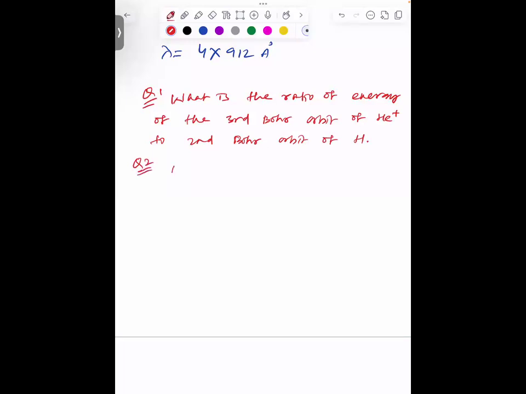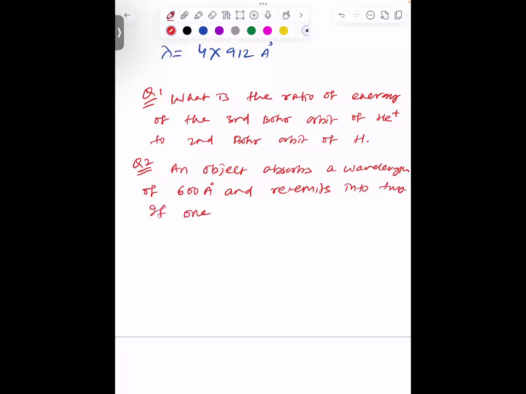Next, an object absorbs a wavelength of 600 angstrom and re-emits it into 2 wavelengths.